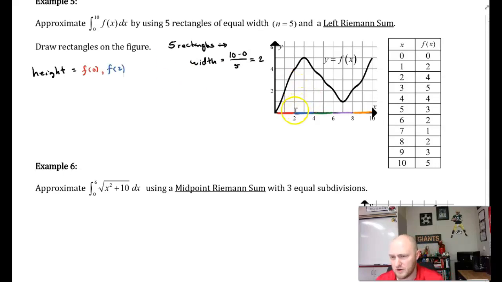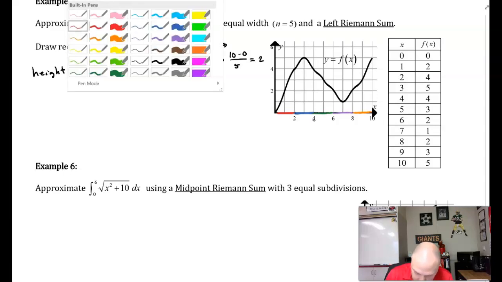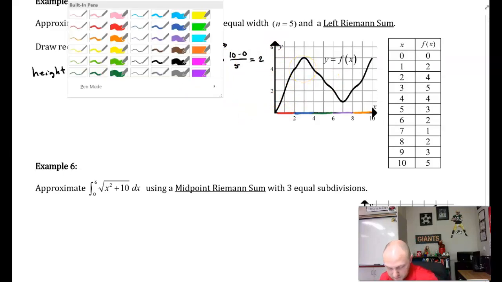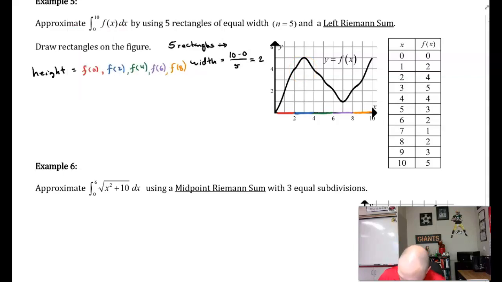It's always that left point of my interval. f of 4, f of 6, and f of 8. All of that is the idea that should go into prepping for the Riemann sum.